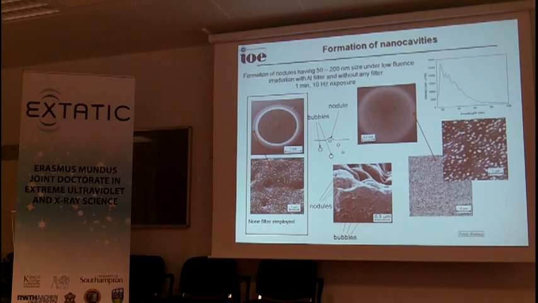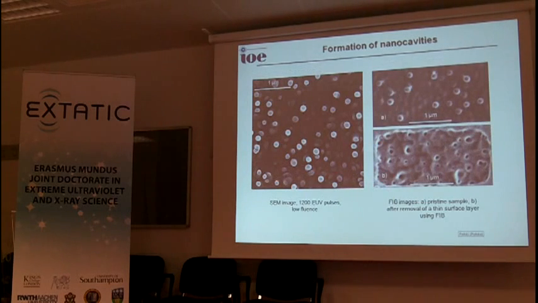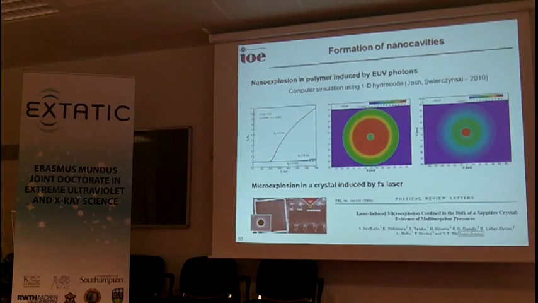So the question is: what is the mechanism of formation of these nanobubbles? This is another image of these nanobubbles. Maybe this is a hypothesis, however, because as I said, it's new, that these nanobubbles are formed because of nano explosions induced by EUV photons.